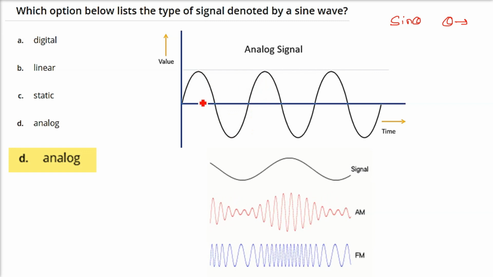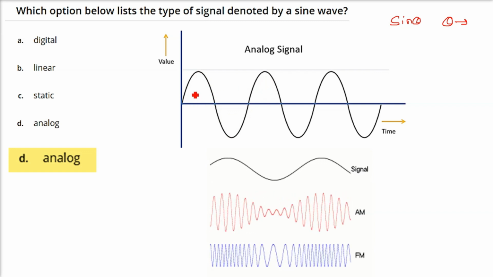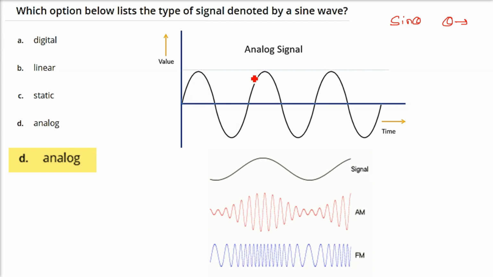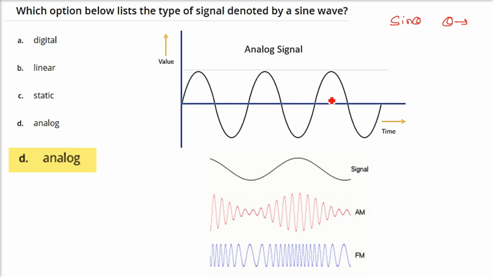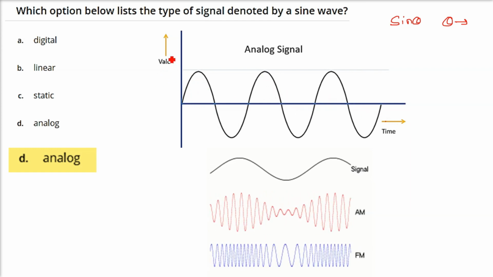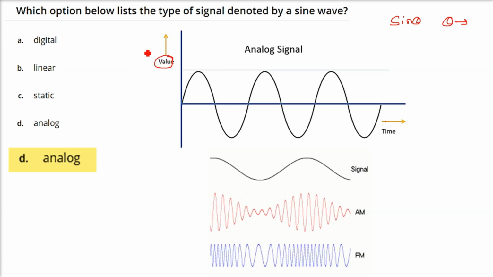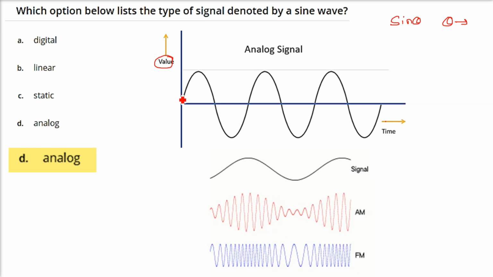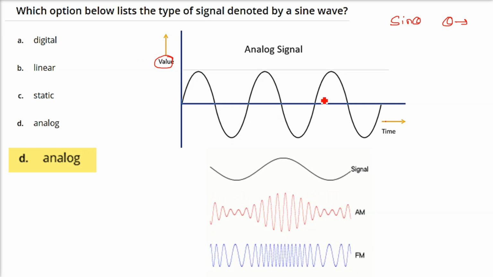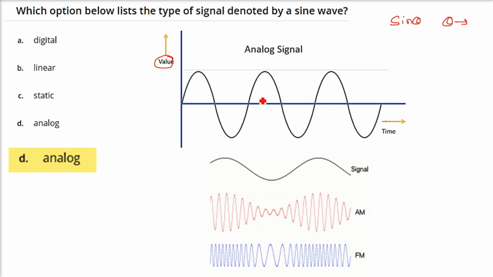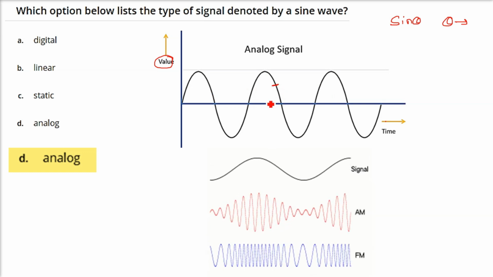There is a wave. You might have seen waves in different arenas, like in the sea. If you represent it on x and y axes, on the x-axis is time, and on the y-axis we have a certain value, for example, voltage. This sine wave has no breakage. It is continuous.